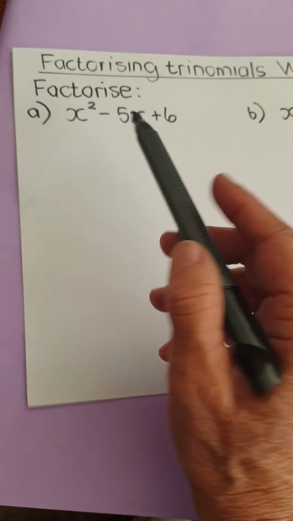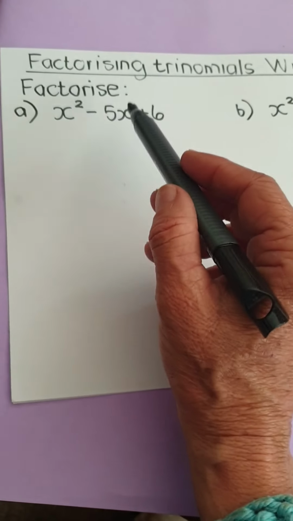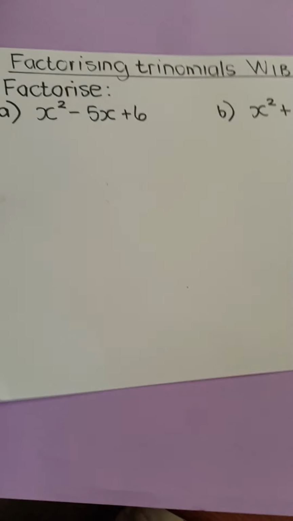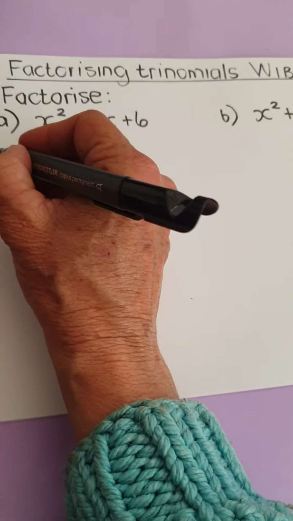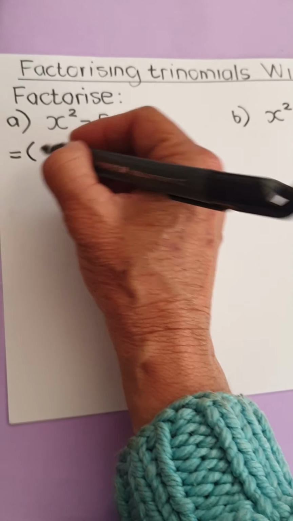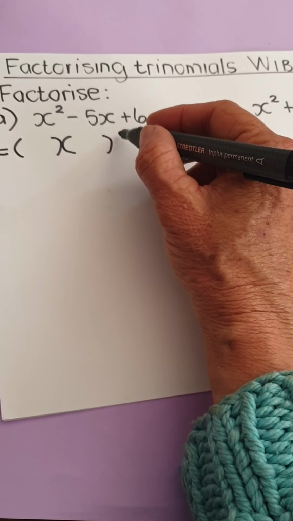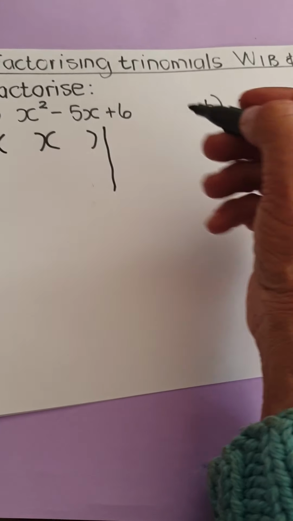You have to factorize the trinomial x squared minus 5x plus 6. Once again, we know that my answer must be two brackets, so we're going to follow exactly the same steps. What is different now?